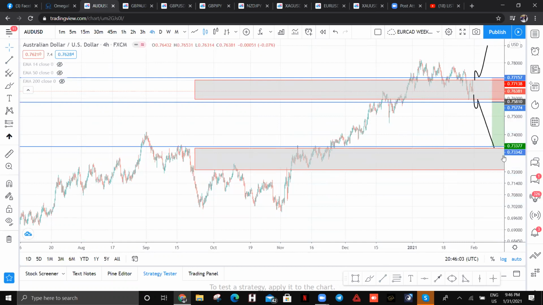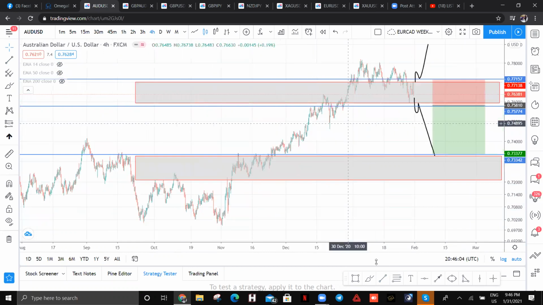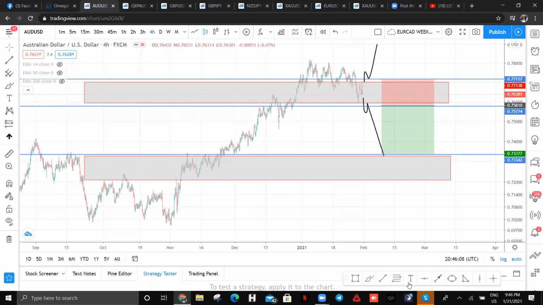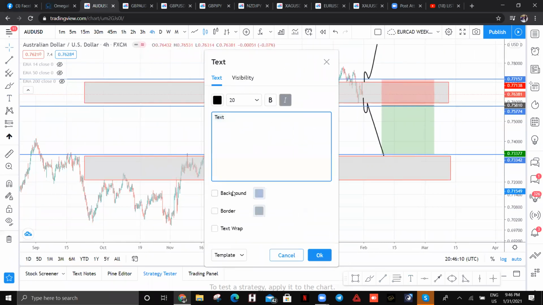So this is for AUD USD. You wait for price to break out. Let me type it. Wait for price to break out of the resistance zone and retest the zone for the sell.